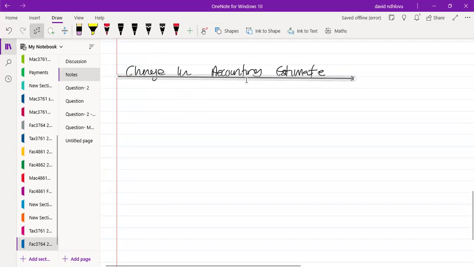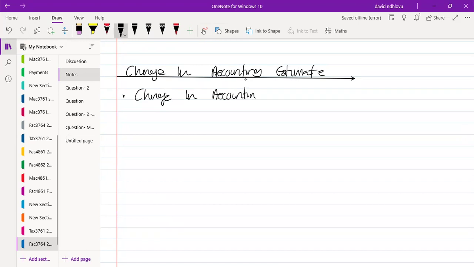A change in accounting policy for this module refers to anything that changes the value of depreciation.